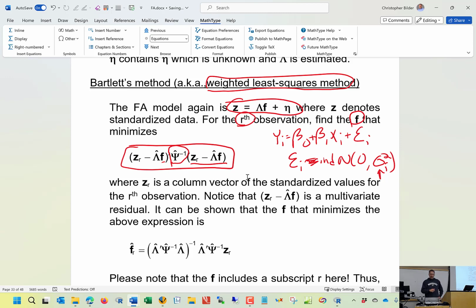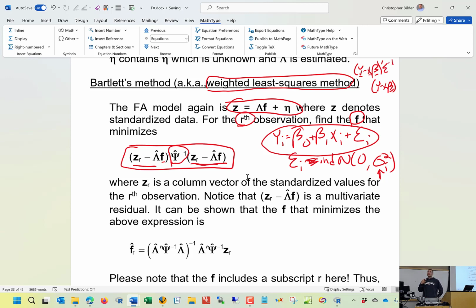Now, if I go back to regular old least squares estimation, essentially what we're doing there is this. We are trying to minimize this expression there. Notice how that looks very similar to what we have here, but you don't have that matrix in the middle. Now with weighted least squares estimation, we end up putting this in the middle.